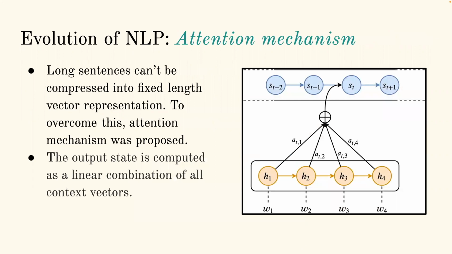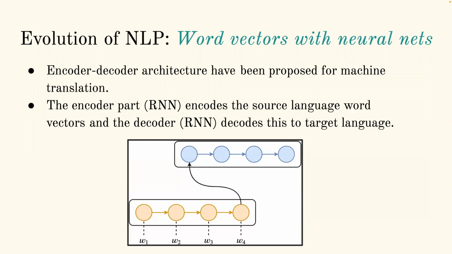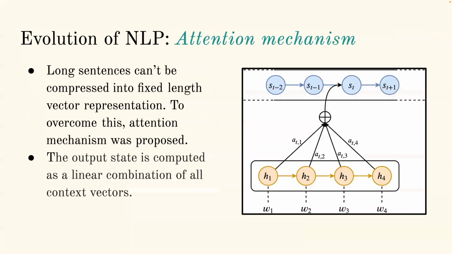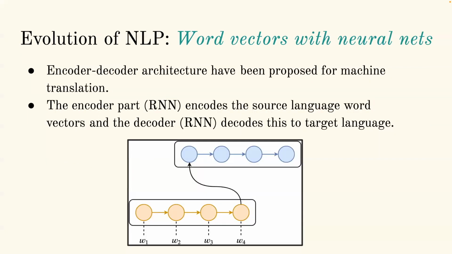Now, after that, the NLP field saw another revolution, and that's called the attention mechanism. The main drawback of the RNN approach was that it couldn't deal with long sentences. Imagine you have a 100-word or 50-word sentence: when it reaches the end, it will lose the information that came 50 stages before.